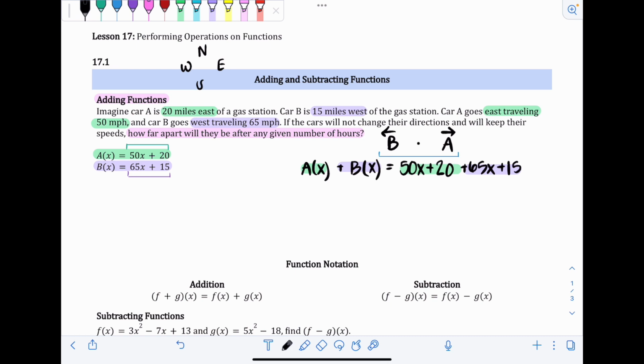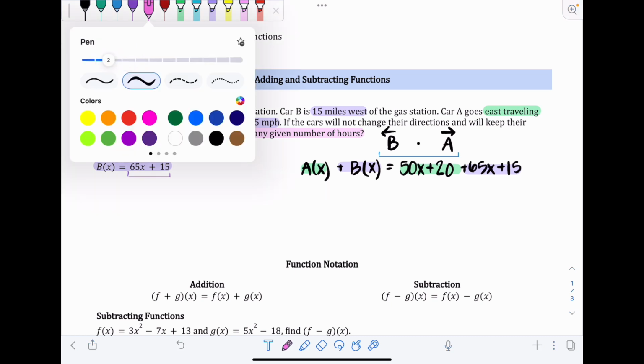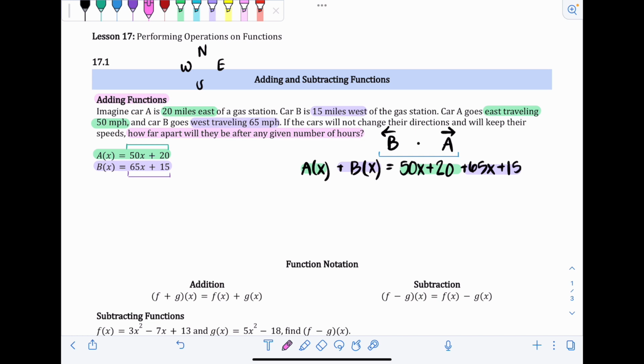And so that means checking for like terms. So remember, like terms have the same variable with the same exponent or just no variable whatsoever. So I have a like term right here and right here in the 50x and the 65x. So I would add those two together by just adding what's called the coefficients. Those are the numbers in front. So I would do 50 plus 65, which is 115x.